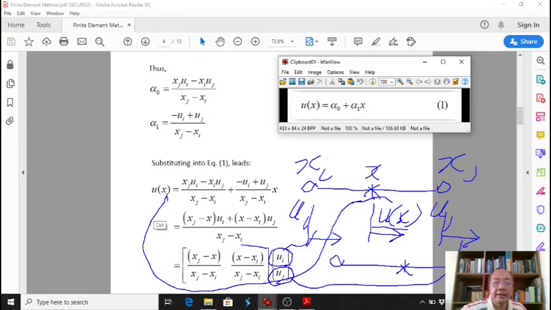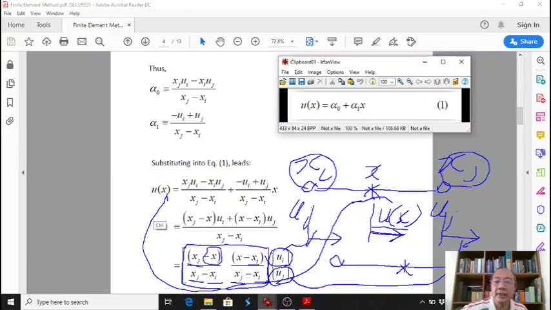The rest is a function of nodal position, si and sj. So ux is a function of x.